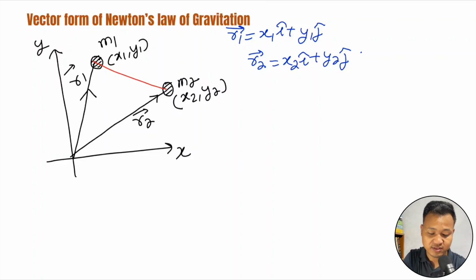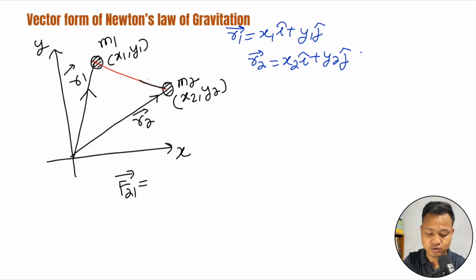Now if I want to find out the force on 2 due to 1, so force acting on 2 due to 1. If you imagine yourself as 2, then by how much 1 is pulling you is the force of attraction.